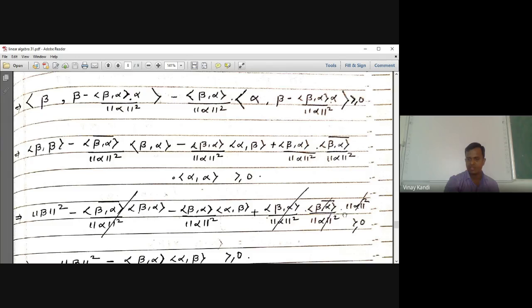This norm of alpha and this norm of alpha get cancelled, and the remaining part cancels with this part: beta alpha bar, beta alpha upon norm of alpha square. The sum has a negative term here and a positive term here, and the negative sign can get cancelled here.